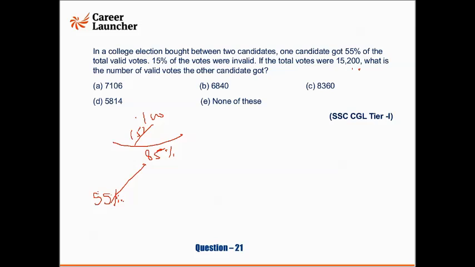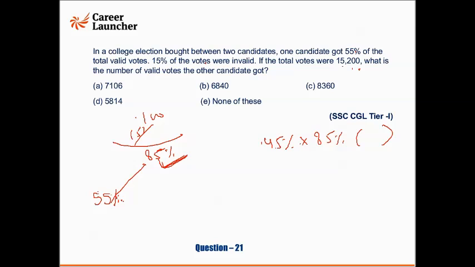If he is getting 55%, then definitely the other candidate will be getting 45%, right? 45% the other candidate would have got, because first candidate is getting 55% of the total valid votes. And already you know 15% of the votes were invalid, that is remaining valid votes are only 85%, right? So other candidate must have got 45% of 85% of the total votes.